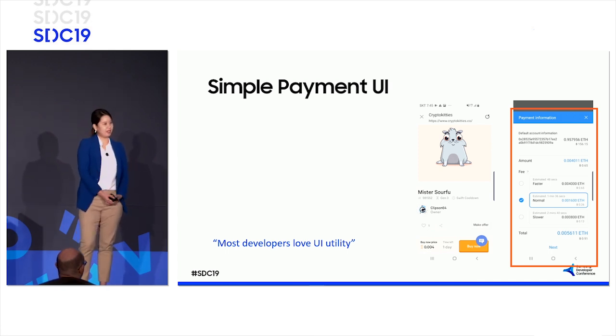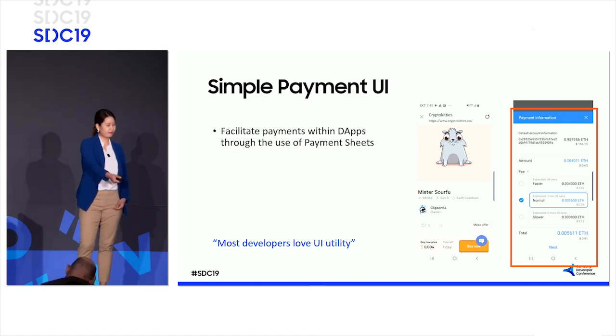Not only APIs, but also a simple UI is offered by Samsung Blockchain Platform SDK. You can make a payment within your DApp by one simple API call. The information you need is already filled.